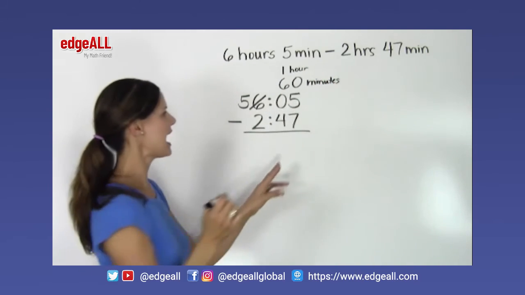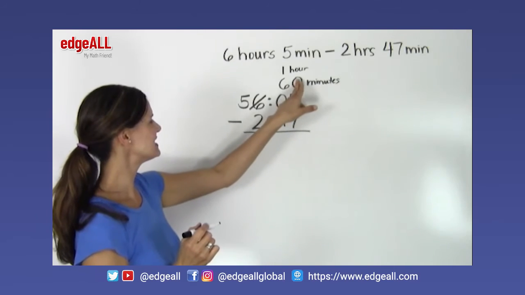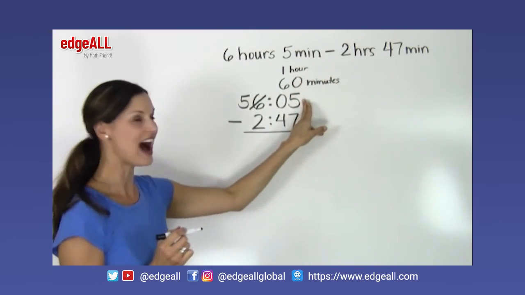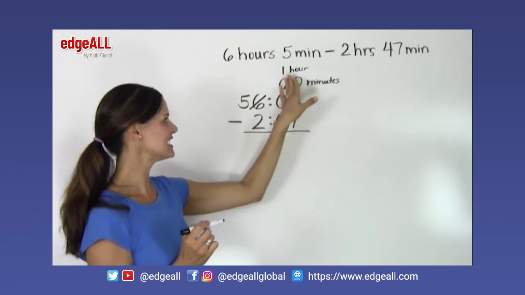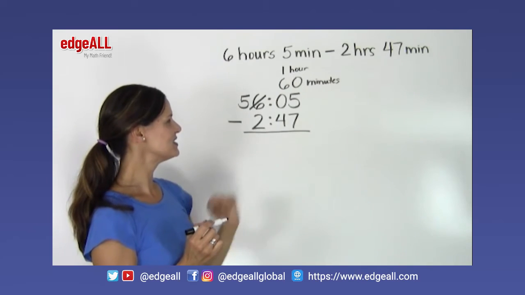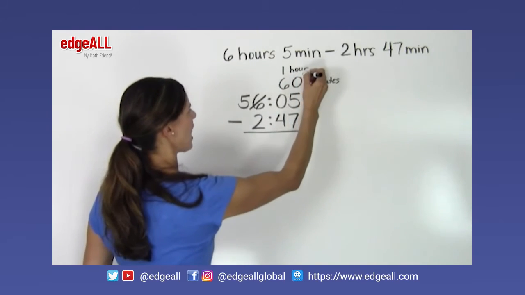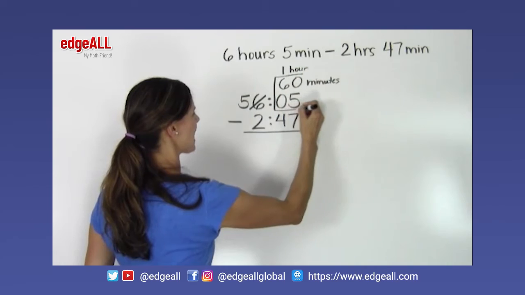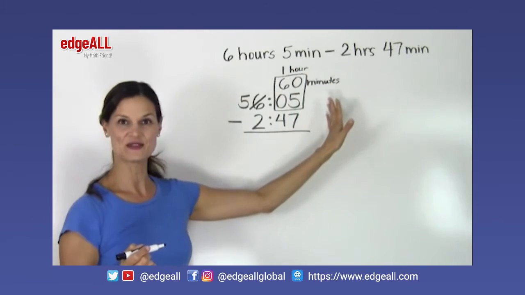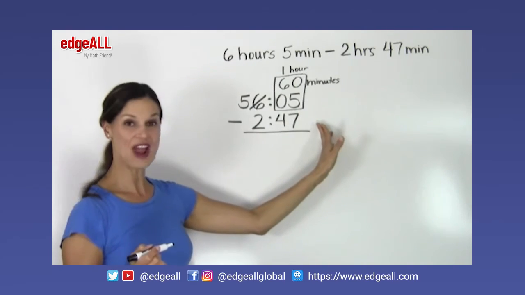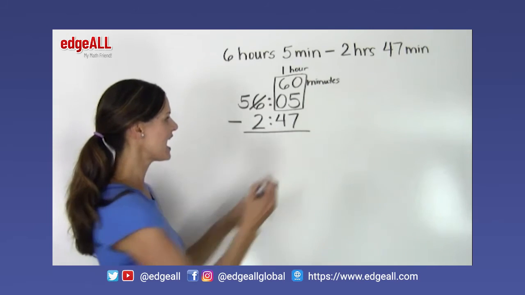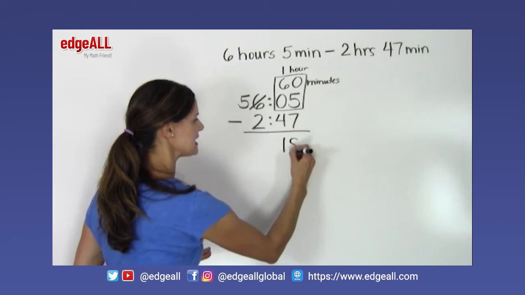So now I have this 60 that I can add to this 5 here in order to have 65 minus 47. So now I'll put a box around here so that I can keep track of these two. So now I can subtract minutes from minutes, and I can subtract 47 from 65, and it will give me 18 minutes.